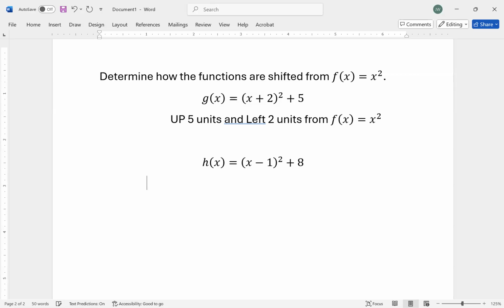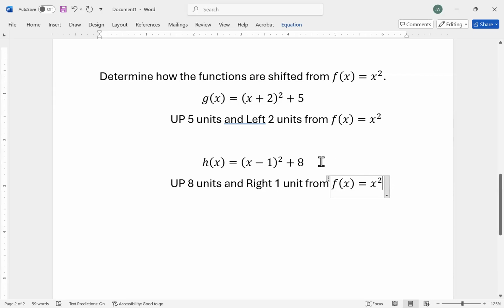Similarly, in h of x, we're shifting up 8 units. And in this case, since it's x minus 1, it'd be right 1 unit from my original function of f of x equals x squared.